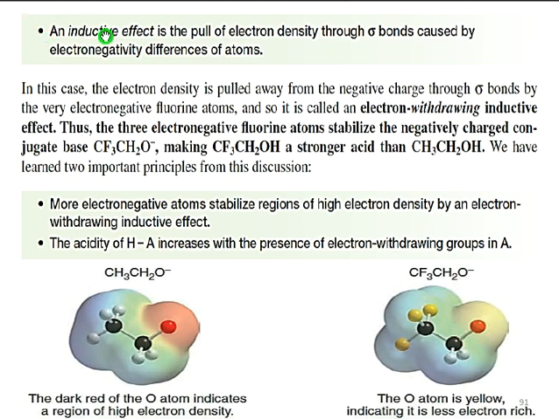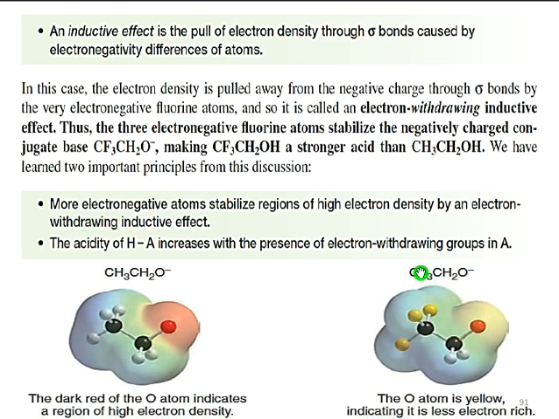An inductive effect is the pull of electron density through the sigma bond, caused by the electronegativity difference of the atoms. Here, the more electronegative atoms stabilize the region of high electron density, here the oxygen, by the electron withdrawing inductive effect.